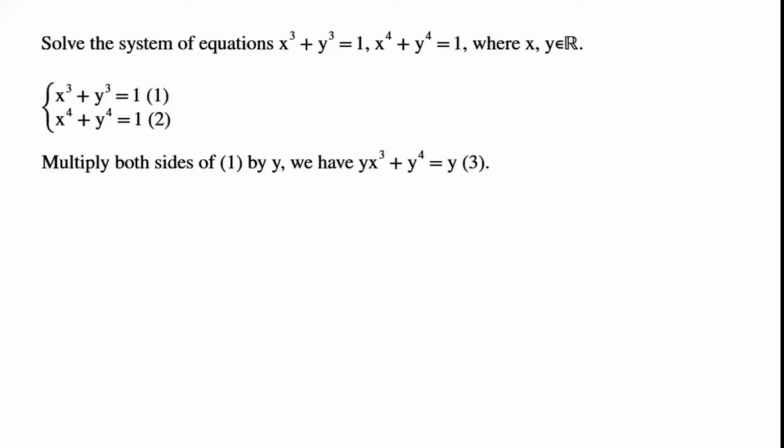Multiply both sides of equation 1 by y. We have y x cubed plus y to the power of 4 equals y. Equation 2 minus equation 3.